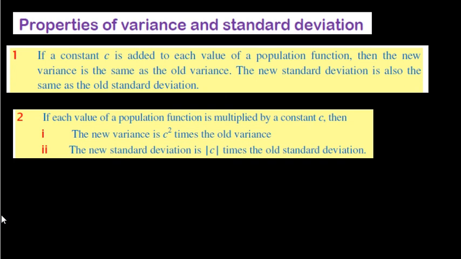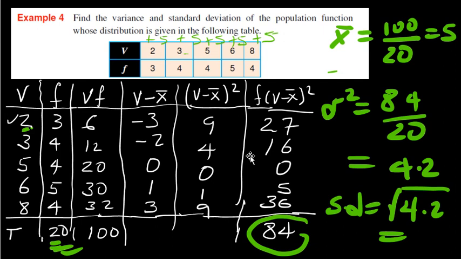The second property: if each value is multiplied by a constant, then the new variance and the new standard deviation will change. How? The new variance will be c squared times the old variance. And the new standard deviation will be the absolute value of c times the old standard deviation. What does that mean? Instead of adding, what if you multiply each of the data by 5, let's say?